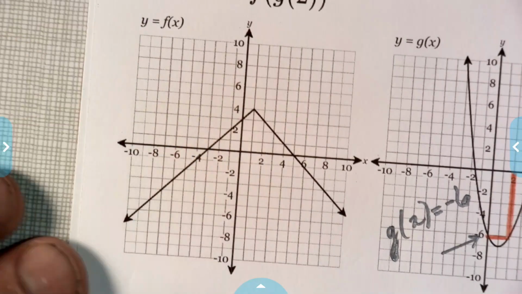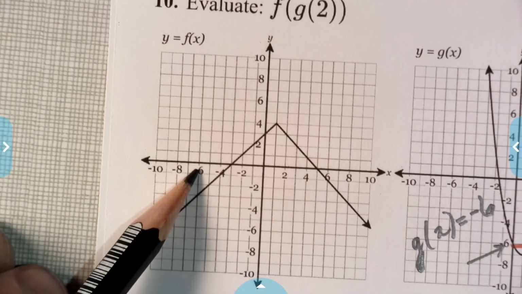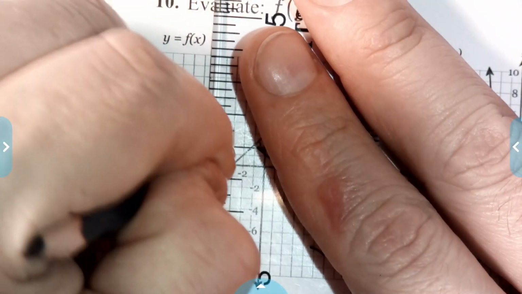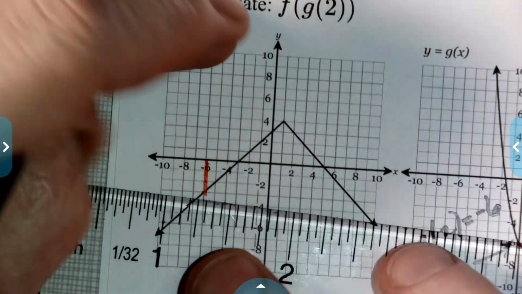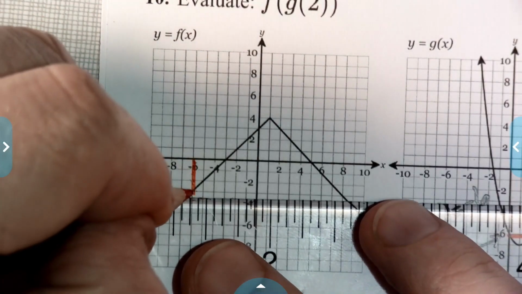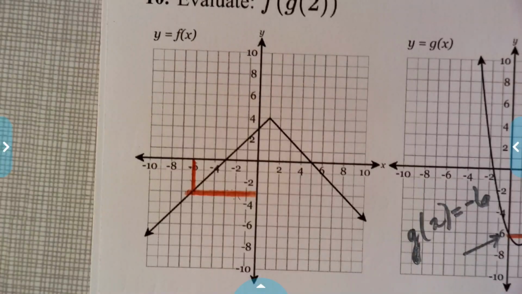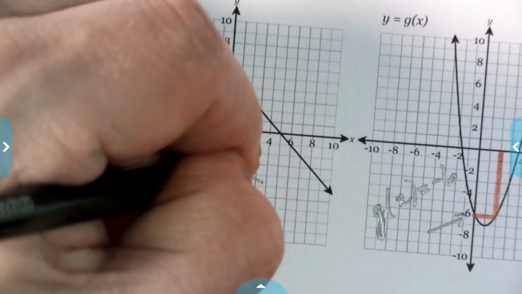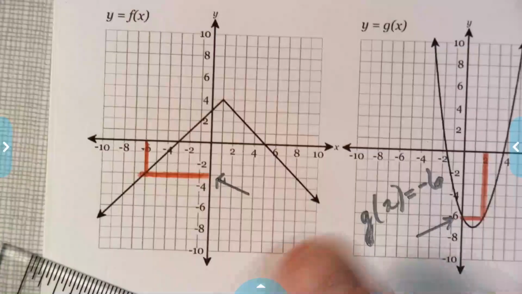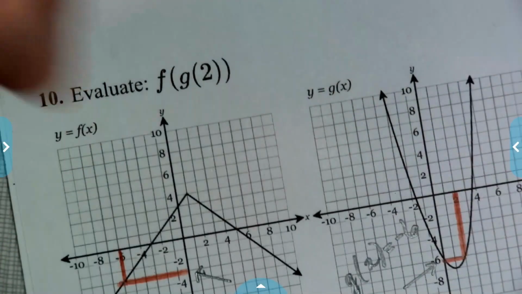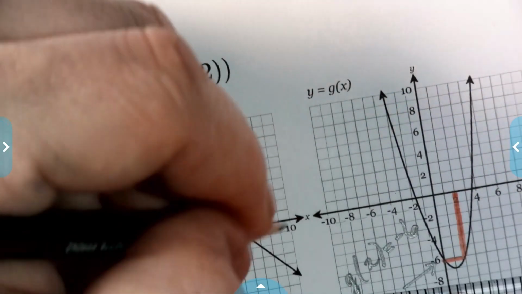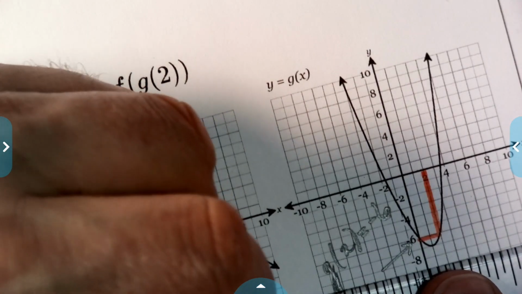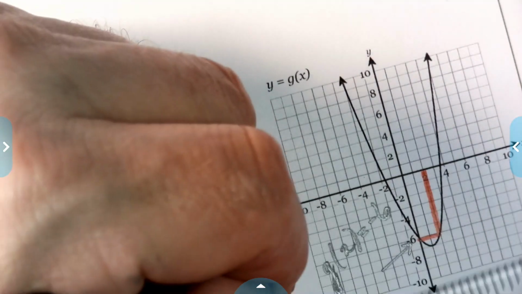Well, now I want f of g of 2. So now I want to go to -6 on my f graph. We'll go to -6 down to the curve, hang a left, and go over to the y-axis. And we see -3. And so there's two ways to say this. You could say f of -6 equals -3.